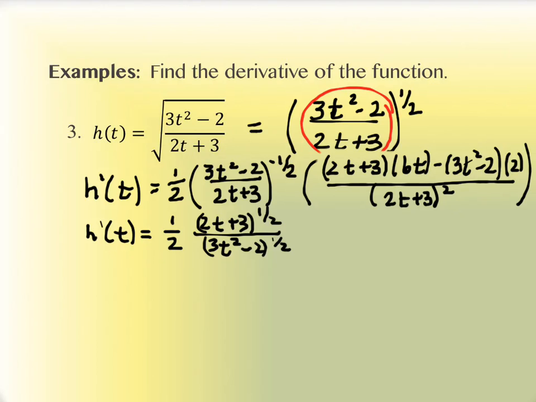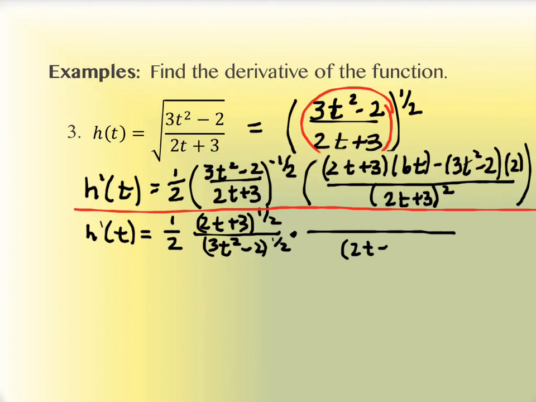This is going to run into everything. Let's try this. All right, the next thing we're going to do is take that numerator on the second fraction, the quotient rule part, and simplify that. So as we simplify that, we're going to have another fraction here. I'll just use the multiplication symbol. I have the 2t plus 3 down here in the denominator, squared. What do I have this numerator going to be?